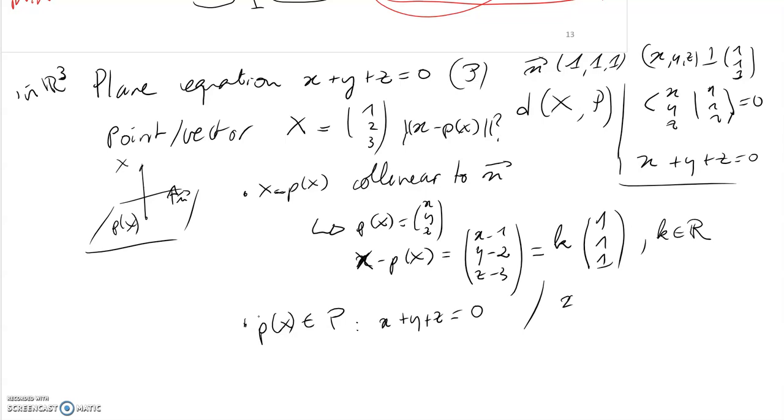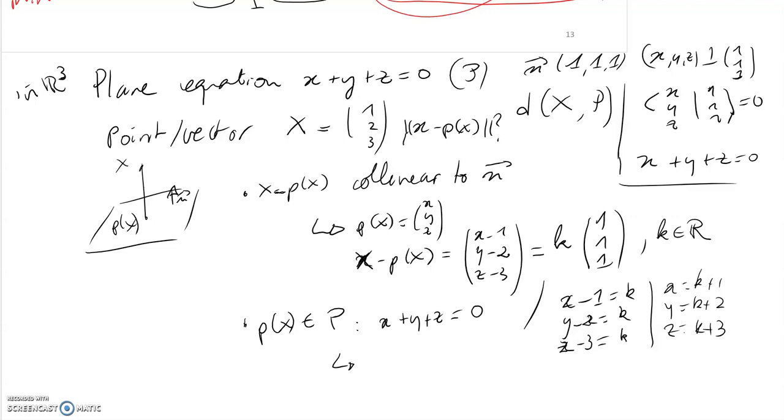So x minus 1 is equal to k, y minus 2 is equal to k, and z minus 3 is equal to k. So basically x is equal to k plus 1, y is equal to k plus 2, z is equal to k plus 3.